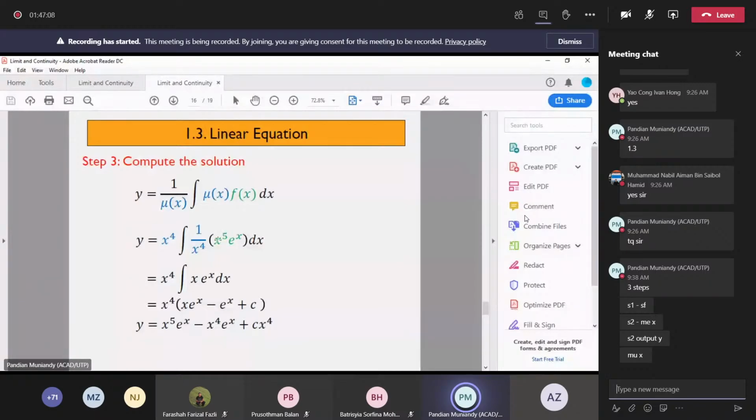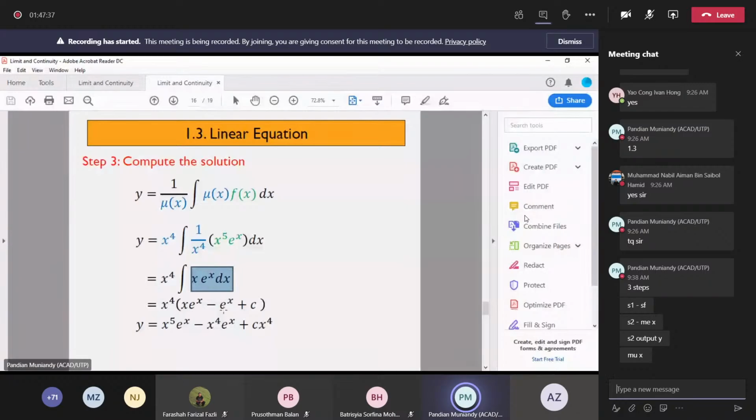Here mu(x) is 1 over x power 4, f(x) is x power 5 e^x. Integrate with respect to dx. You integrate this, and now the x power 4 is outside. You have to be careful. That's why I said this one, you put it in the bracket. So integral of x e^x dx. This one, you apply integration by parts: u dv equals uv minus v du.